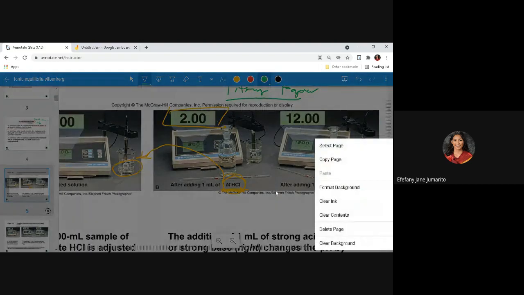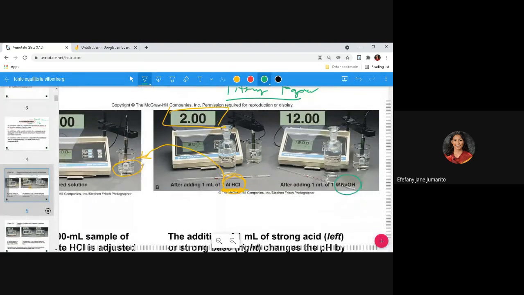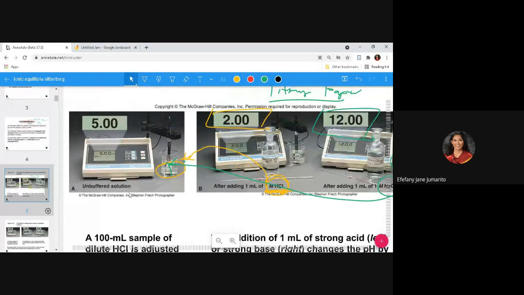Now, if you have this solution and then you add NaOH, what will happen? The pH value increases. Okay, it will become more basic. So that's why it became 12.0. Again, this is an unbuffered solution. No buffer.